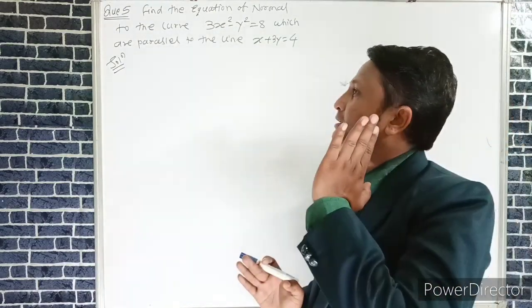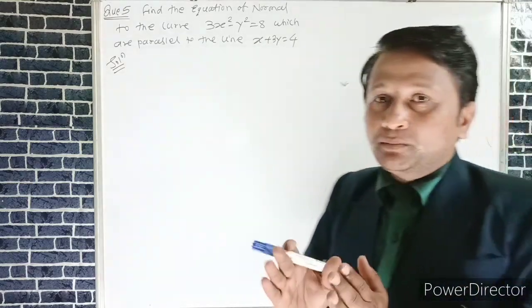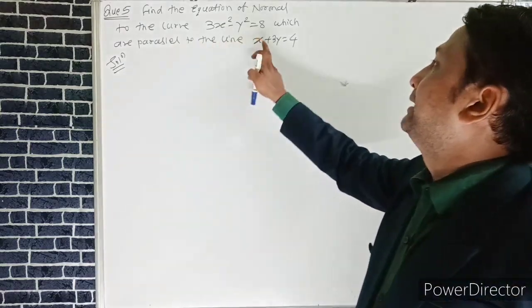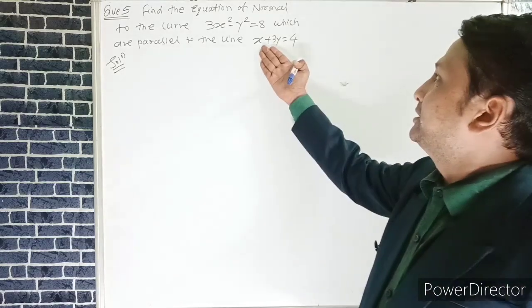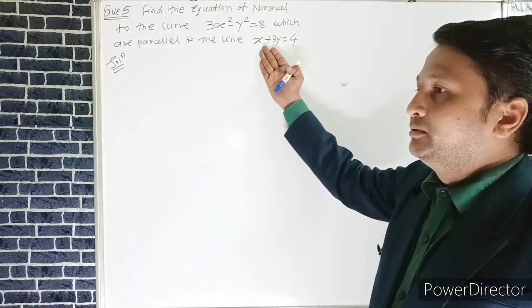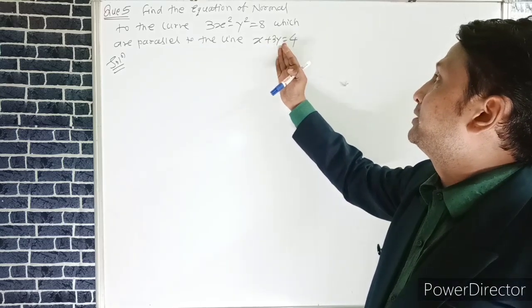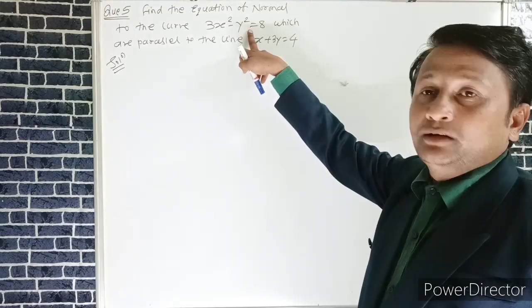If the slope of the tangent is m, then the slope of the normal is −1/m. So here, parallel to the line x + 3y = 4, by using this equation of line in slope form, we first find the slope of the equation. After differentiating this curve, we can find the slope again.